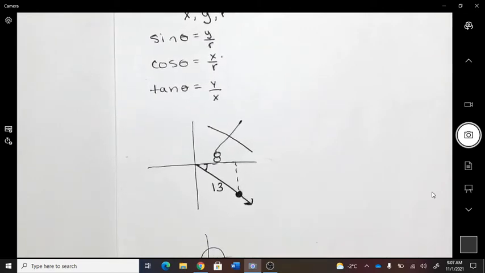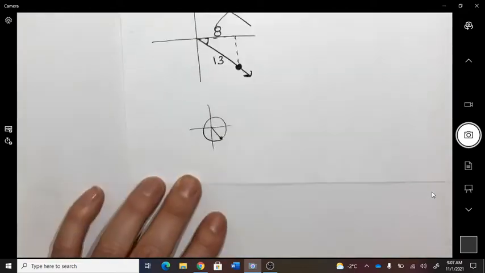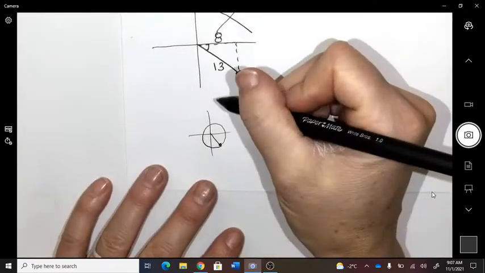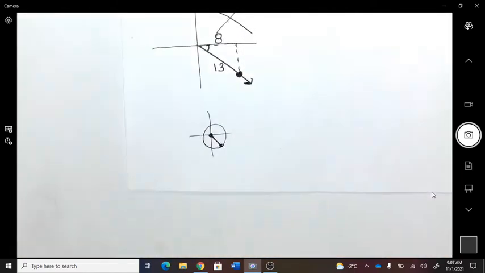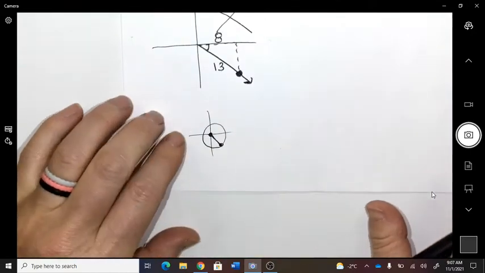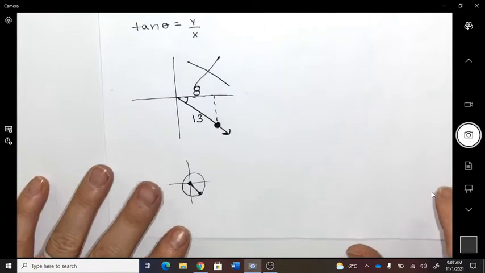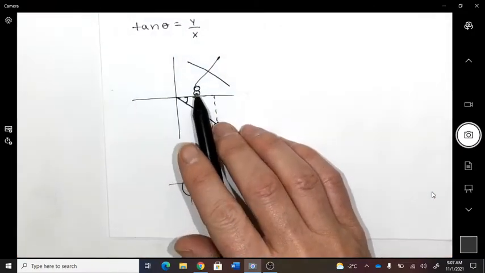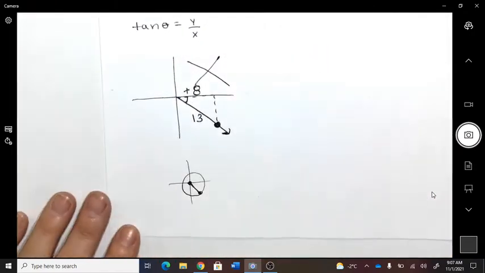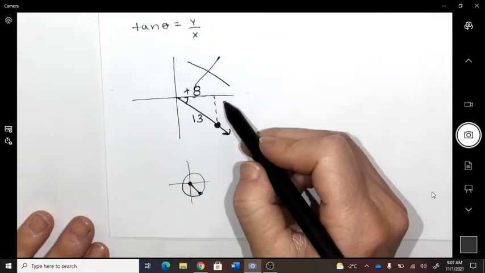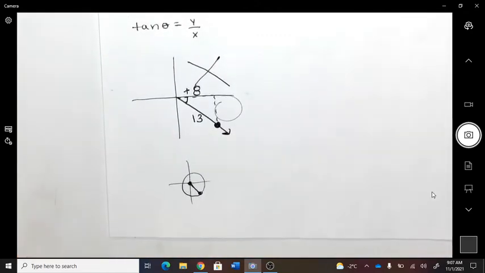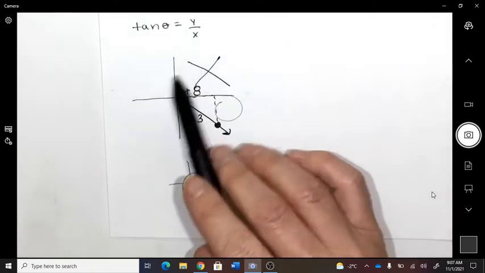As in, if I had a circle, my radius of my circle is 13. Radius is always positive. X's and Y's can be negative or positive. So let's go positive on that 8. I would like to figure out the y. So I'm going to do Pythagorean Theorem.